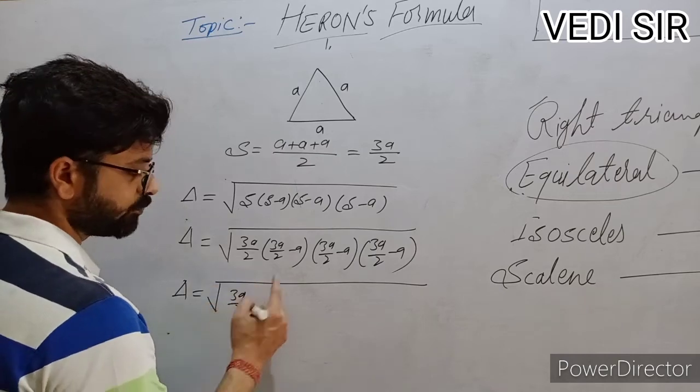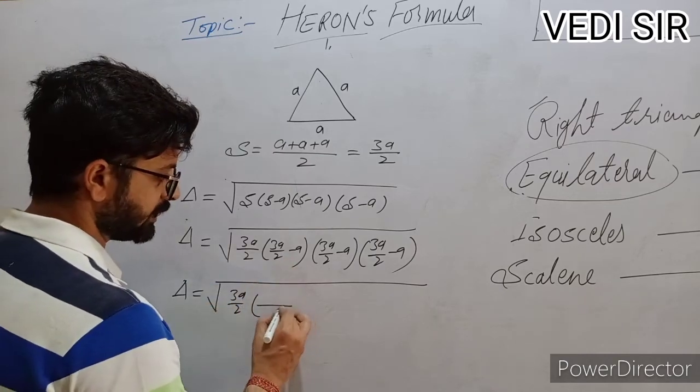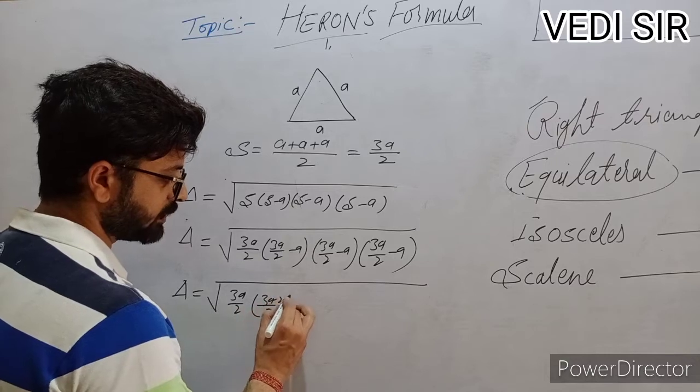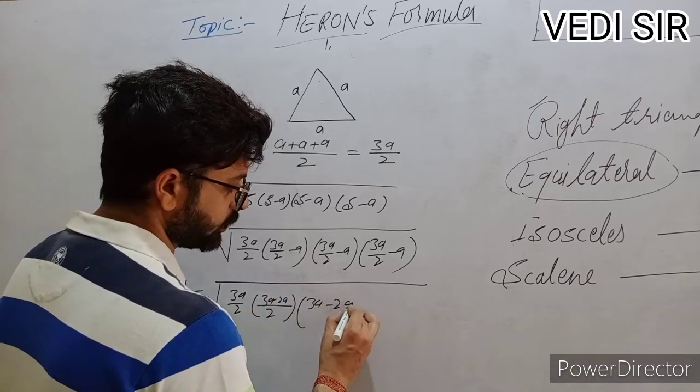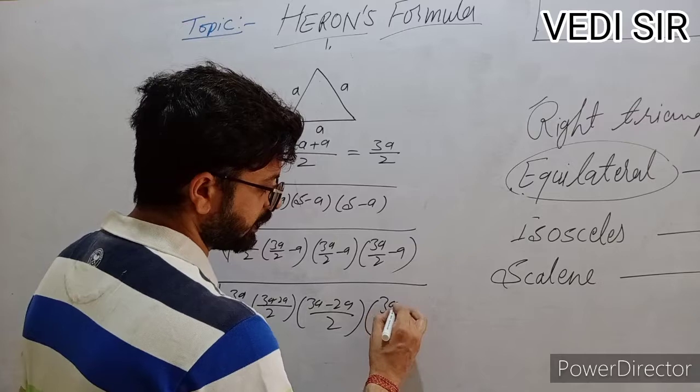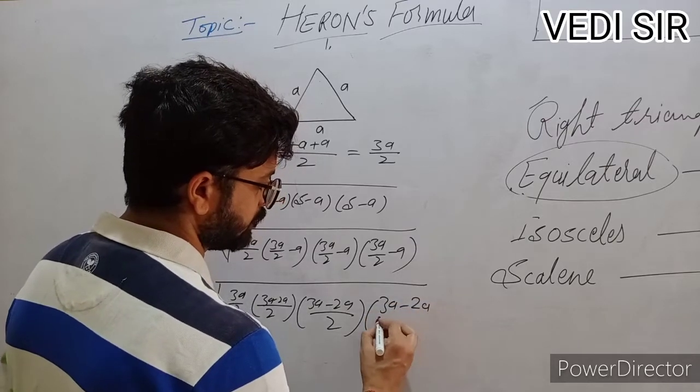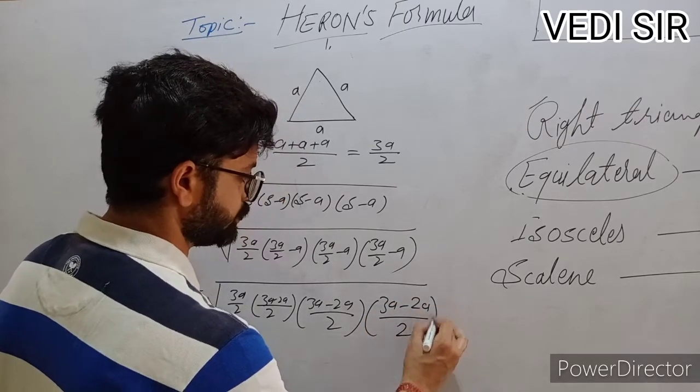If I take LCM, then it will be 3A minus 2A divided by 2, three times.